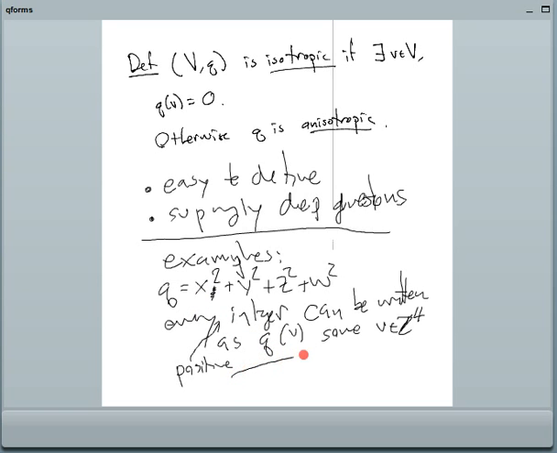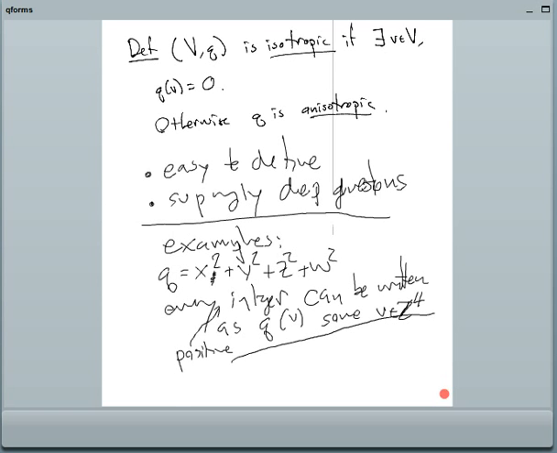A much deeper result is what's called the 290 theorem.